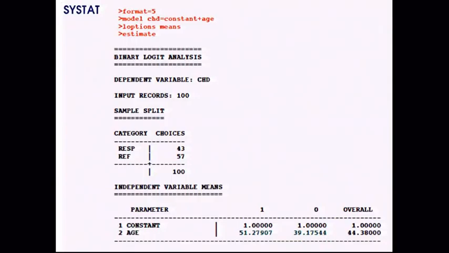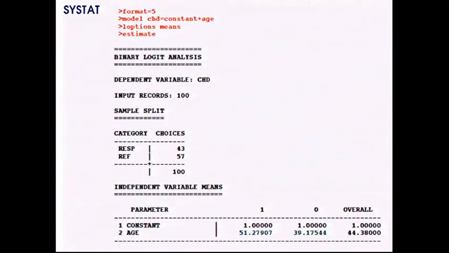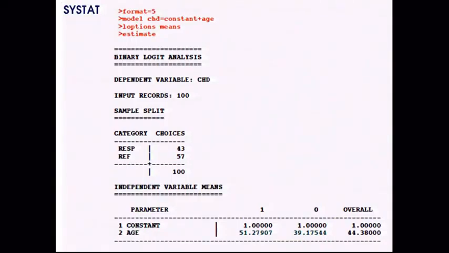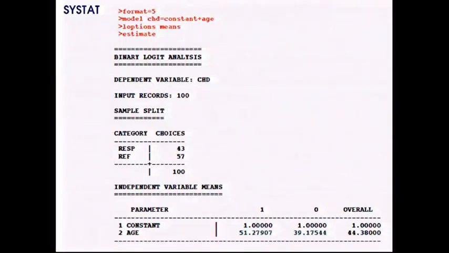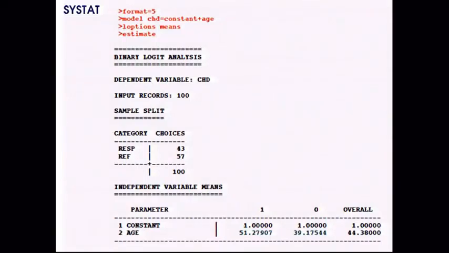SysStat is a program that I used fairly extensively when we wrote the first edition of our book, because I came on sabbatical with what was then a very expensive but very slow microcomputer. We didn't have a lot of software available to do logistic regression on microcomputers, but one that was available was SysStat.